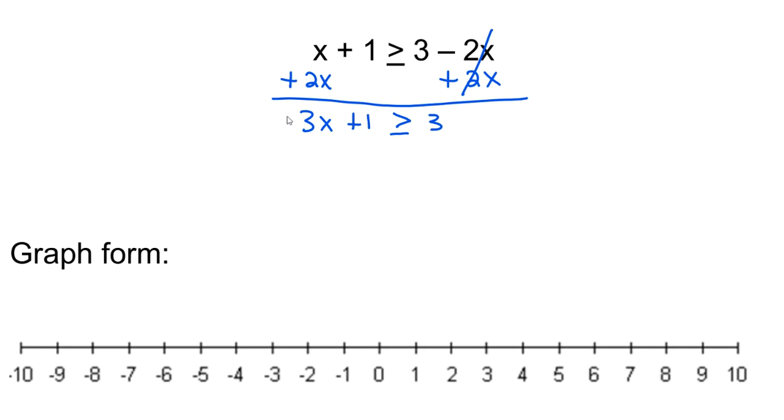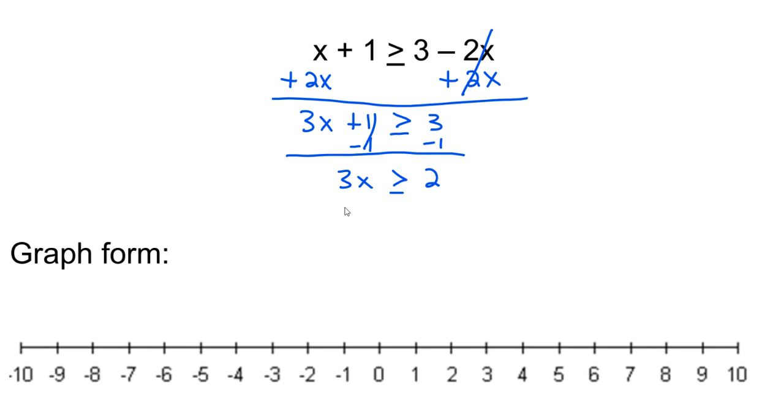Now I want to isolate my x, so I'm going to start with what's farthest away, or undo addition and subtraction first. So I'm going to undo this plus 1 by subtracting 1 from both sides. And that gives me 3x is greater than or equal to 2.